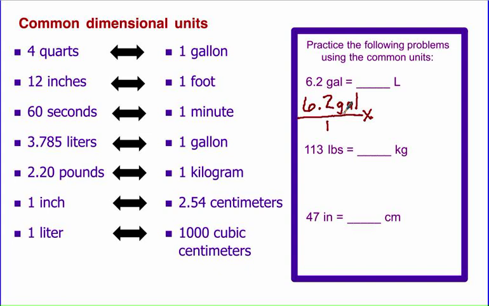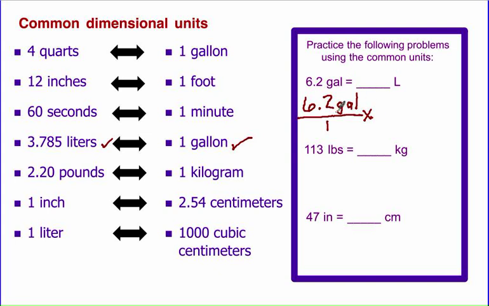Now, I need to get rid of gallons and I need to change to liters. So if I come over here, I can find a unit that has gallons and liters. So I'm going to use this metric conversion unit to change from gallons to liters.